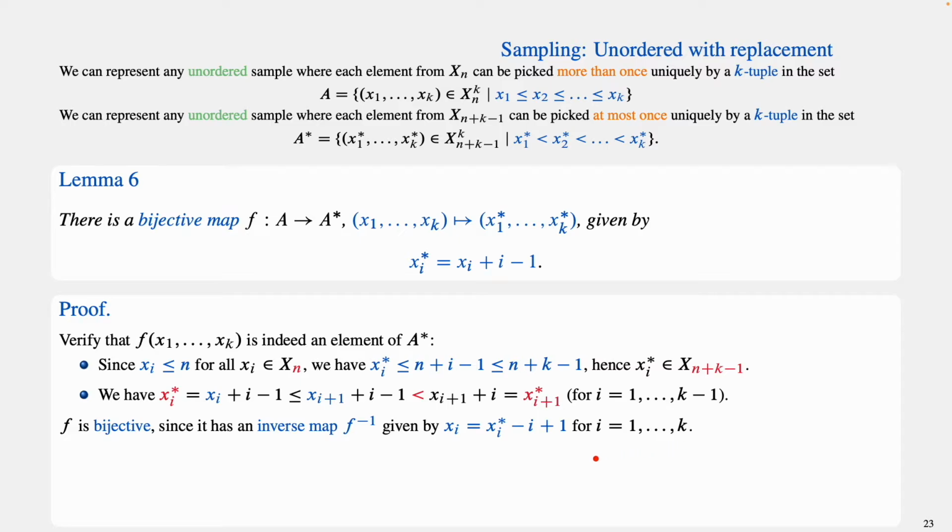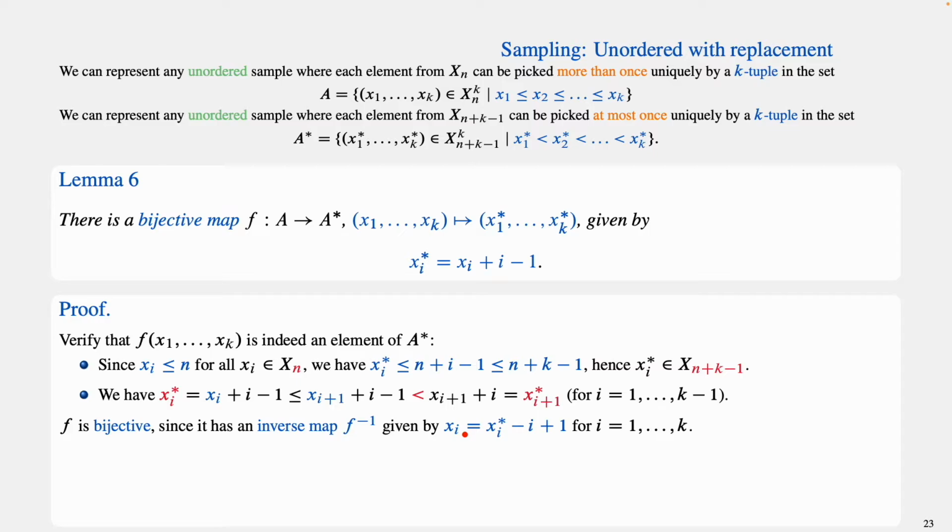And now you can immediately see that this reverses the effect that our original map f had. So if xi star was obtained originally from such a tuple here that got plugged into f, then we see immediately that we get the original tuple x1 to xk back by applying f to the minus 1.